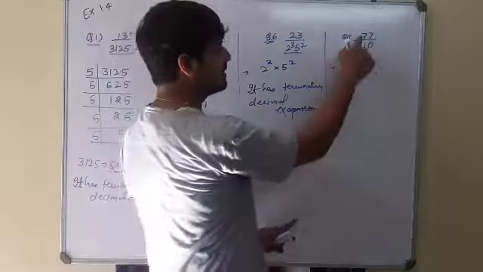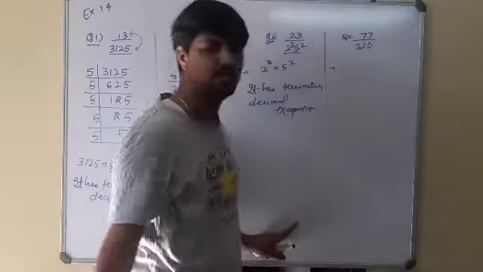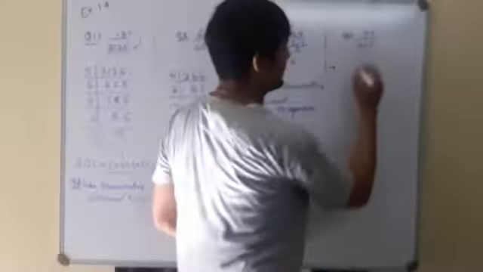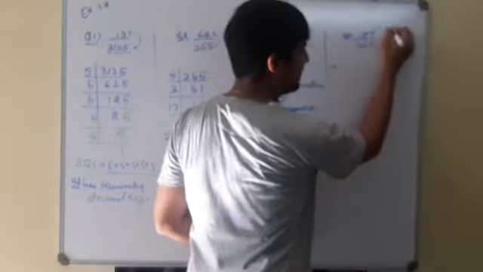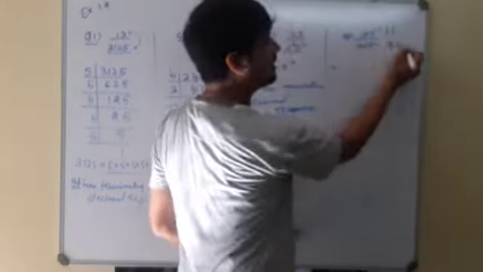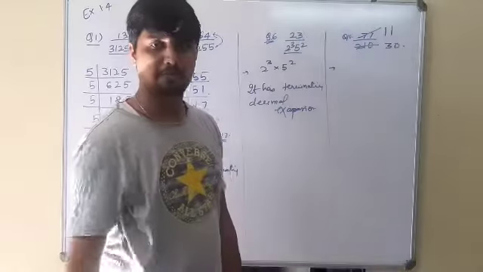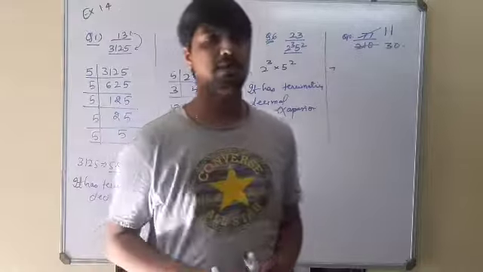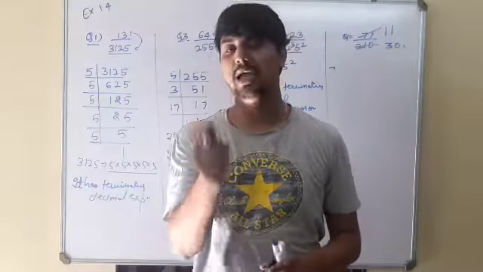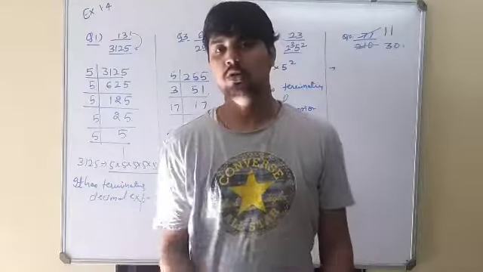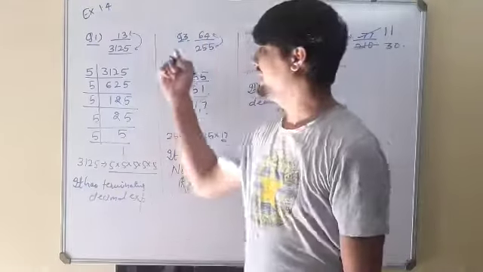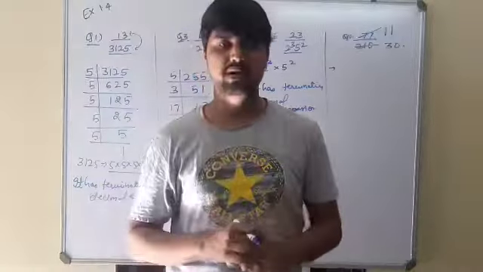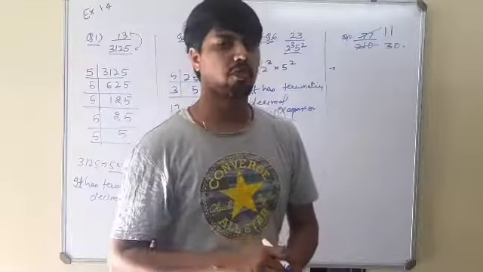But here in this question, 77 and 210, we can see that 7 is the common prime factor. 7 11s are 77, 7 30s are 210. First you have to simplify it, then only you apply the theorem, because if you apply the theorem without simplifying, sometimes your answer may come wrong. So whenever the numerator and denominator are not co-prime, first simplify to the lowest form and then go for the theorem.